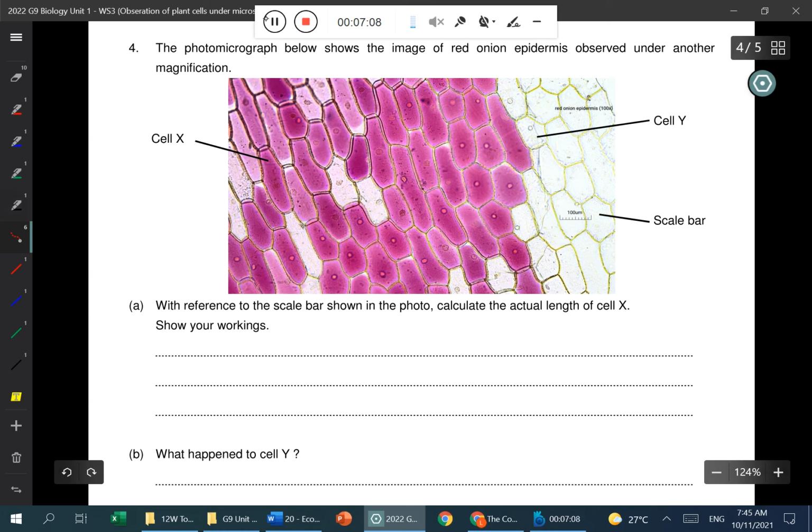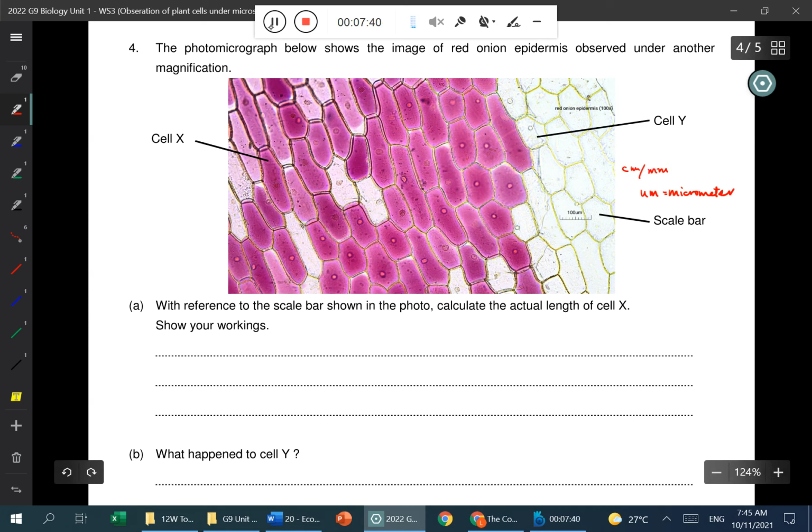The scale bar here means that this certain length in this photo represents 100 µm. µm means micrometer. It is a unit that is much smaller than cm or mm.